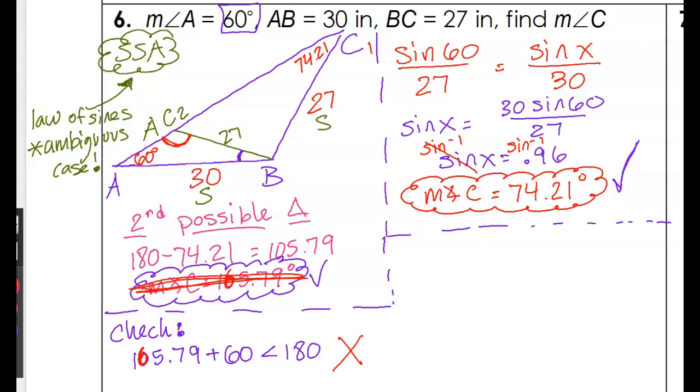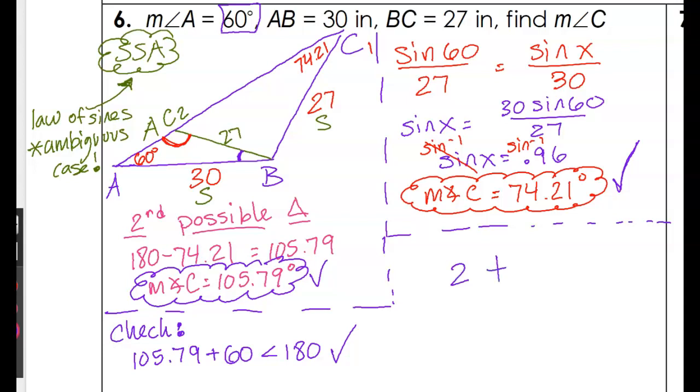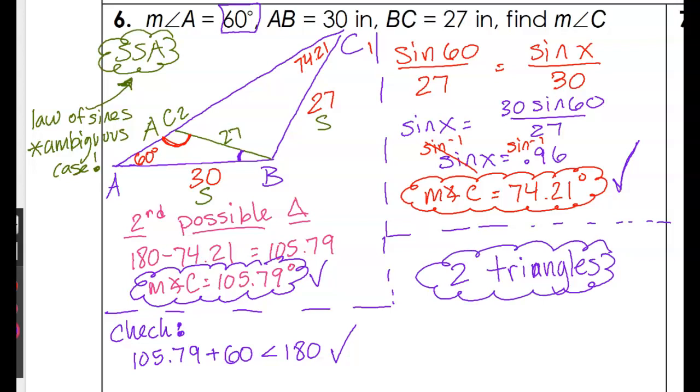But we were lucky or unlucky, whatever you want to think, and it did check out. So this is actually a two triangle problem. Any questions here?